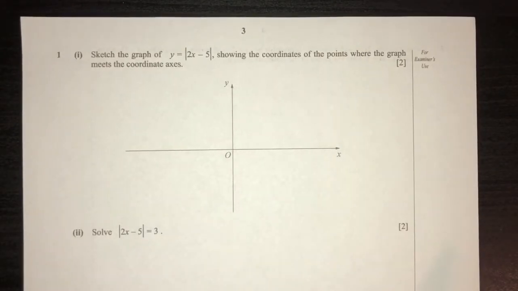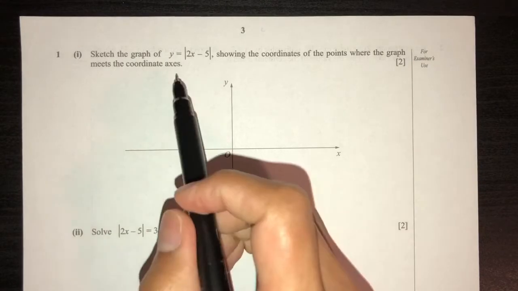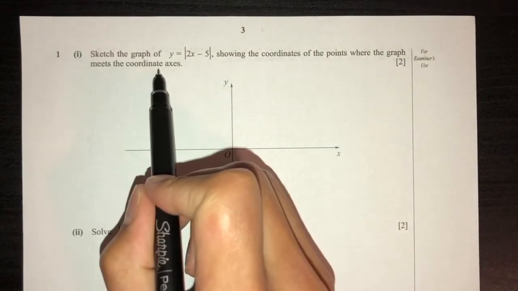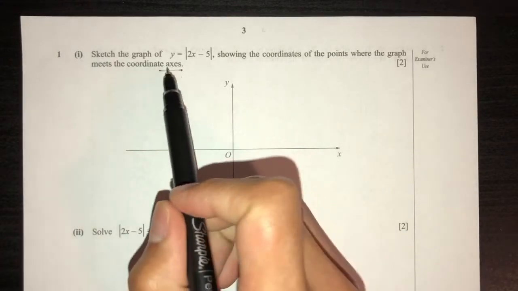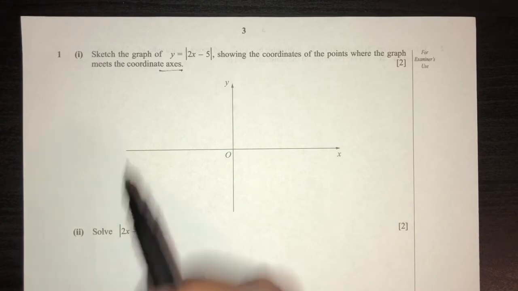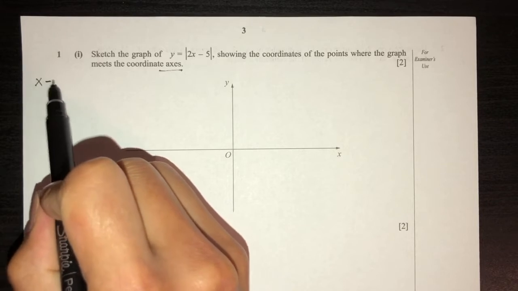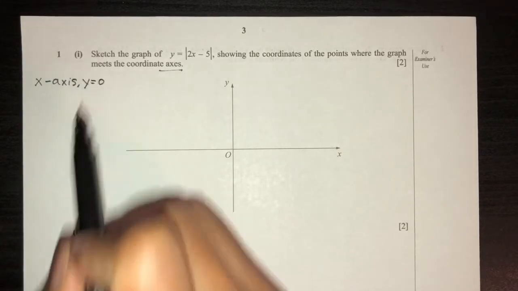Sketch the graph of y equals modulus of 2x minus 5, showing the coordinates of the points where the graph meets the axes. So let's find out where it meets the axes. At the x-axis, as you know, the value of y is 0.